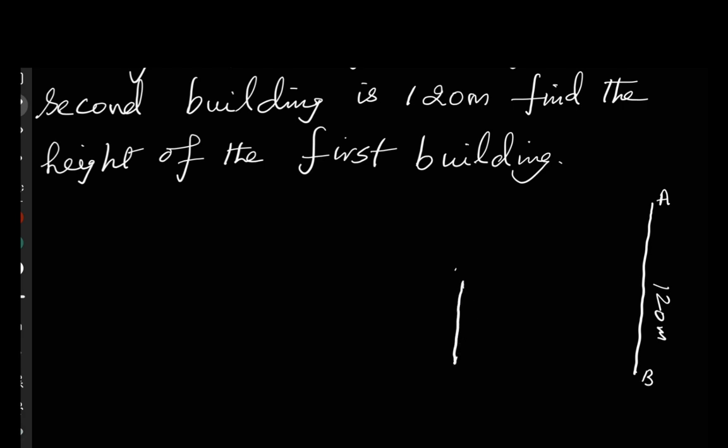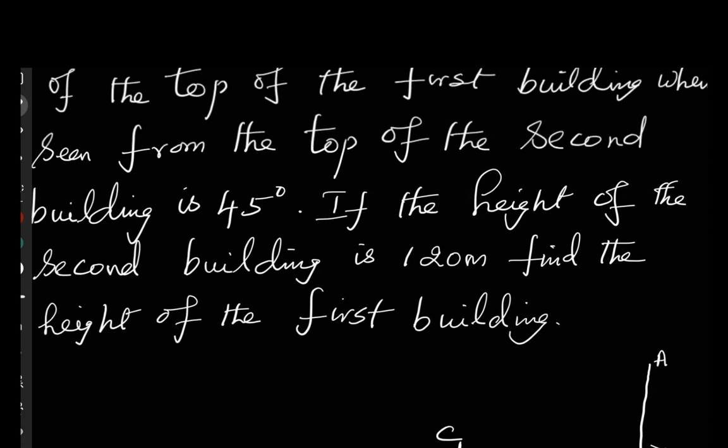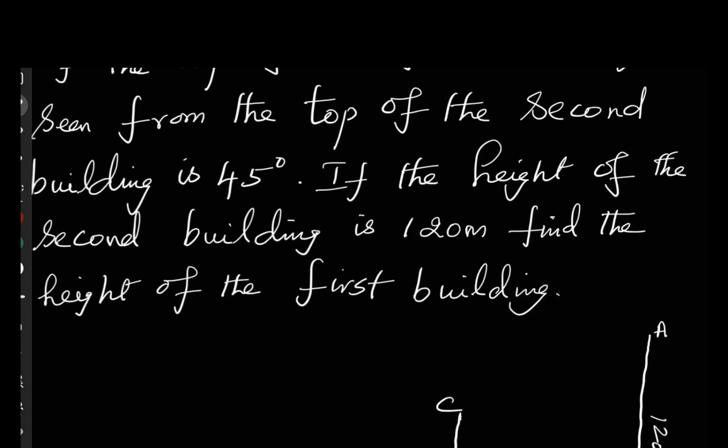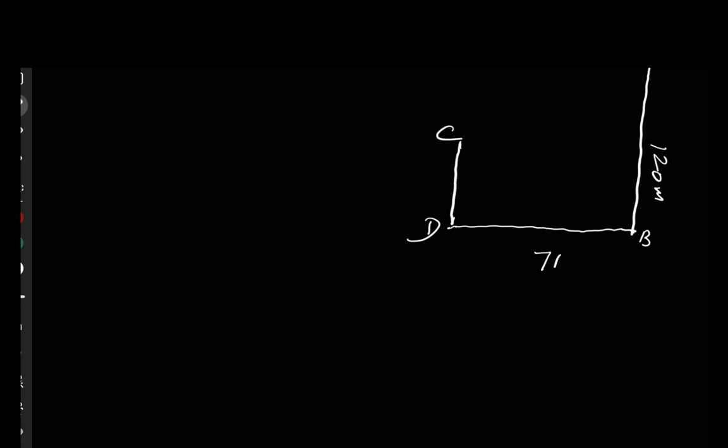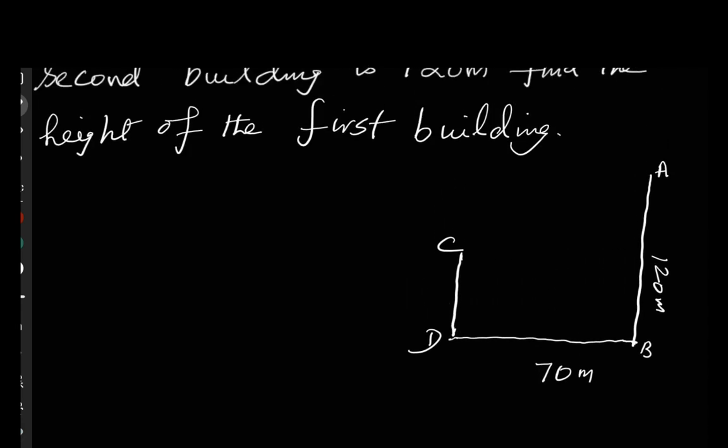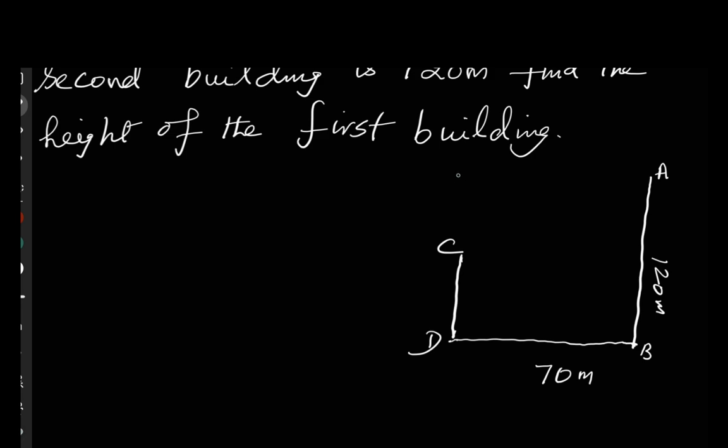Let me take CD as the first building, and the second building is AB. The horizontal distance between these two buildings is given as 70 meter. So the person is standing at the top of the second building.